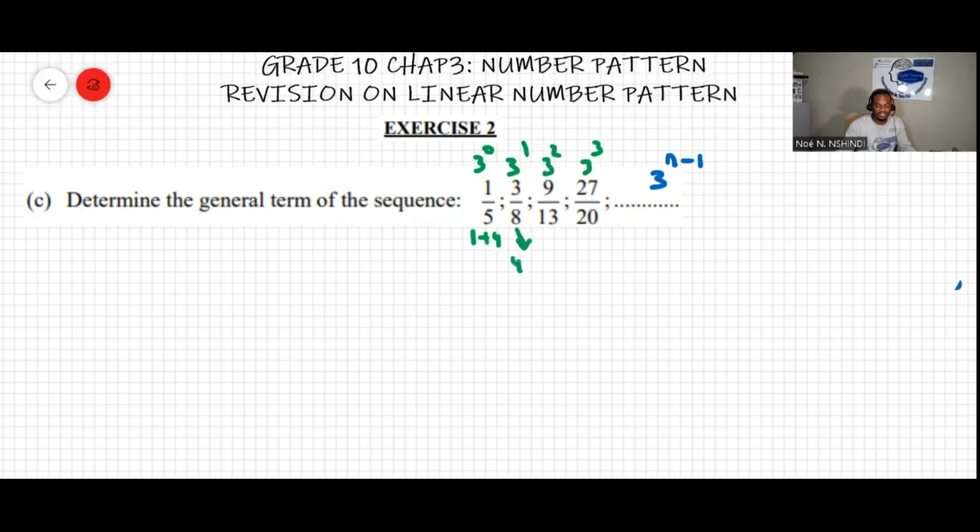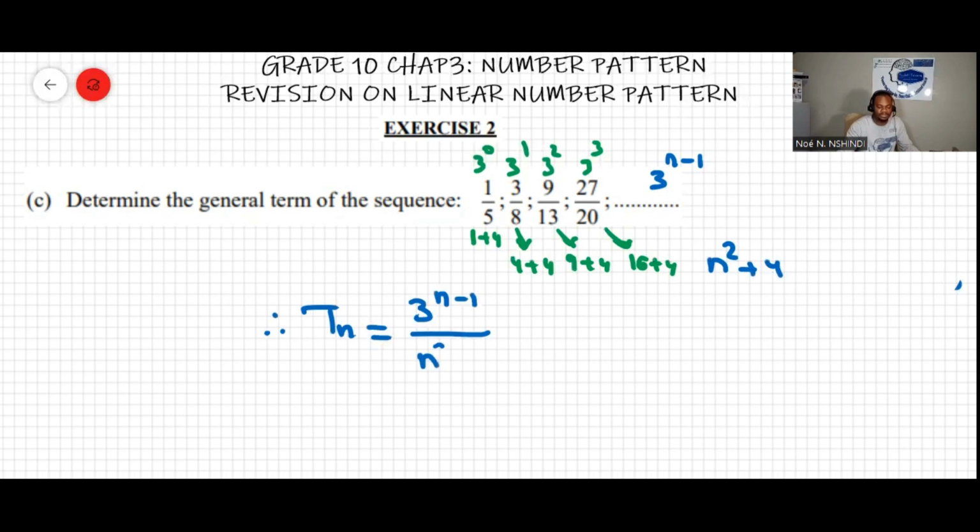To get 8, we plus 4. Same also here, 9 plus 4, and then 16 plus 4. Now we can notice that the pattern will be n squared plus 4. Therefore, Tn here we can say is 3 to the power of n minus 1 over n squared plus 4. Okay, thank you.